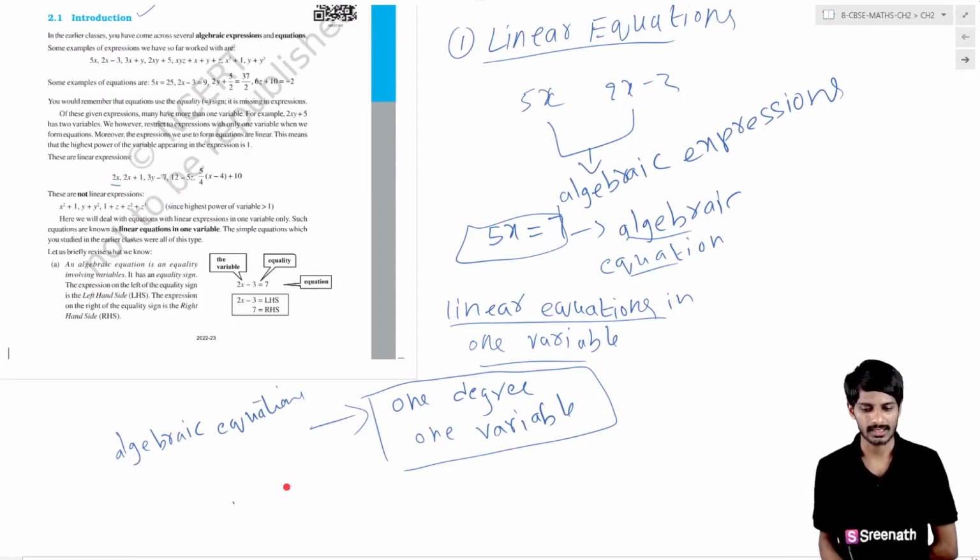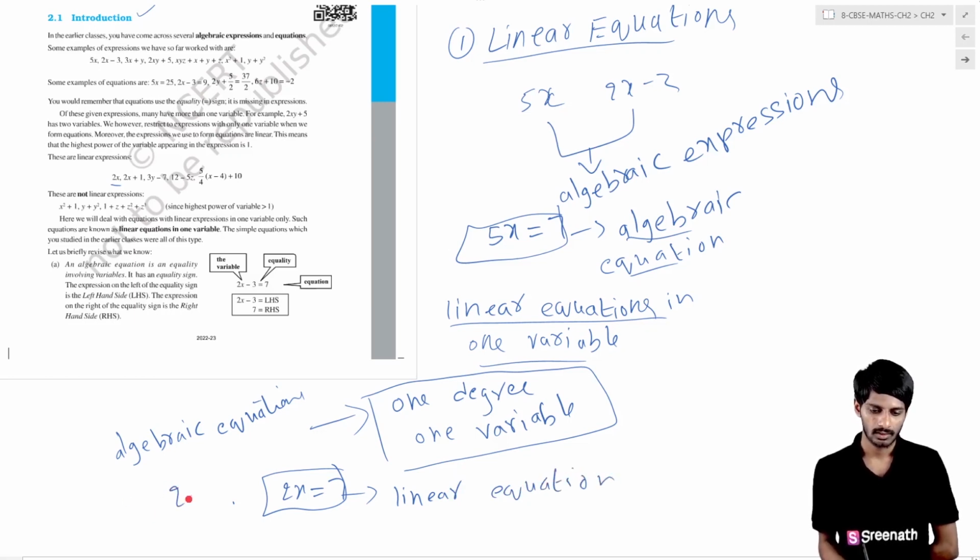Suppose 2x: it is a linear expression, it is not an equation. Whenever we equate it to some value, then we call it a linear equation. So it is a linear equation in one variable.